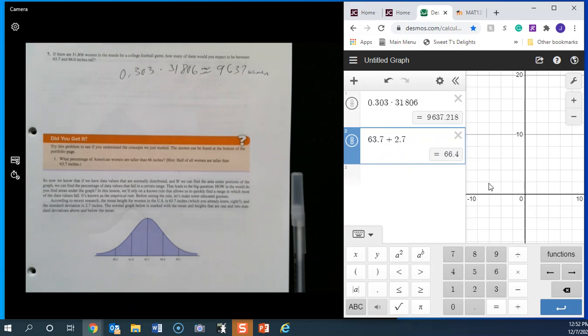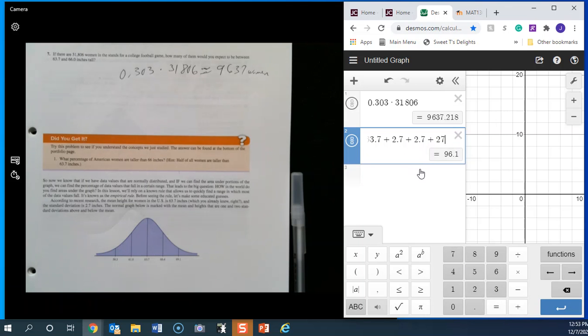So if I asked you what was the number one standard deviation above the mean, you would take the mean, add the standard deviation, and that number would be one standard deviation above. Now if you wanted to do two standard deviations above, you would just add the standard deviation twice. And then 3, you would add it 3 times.